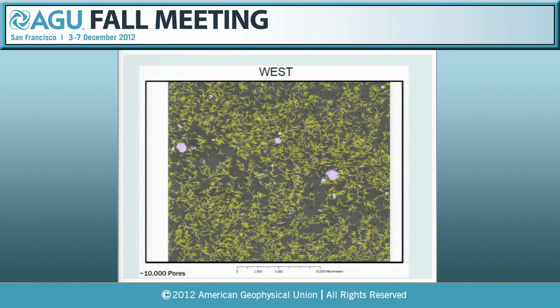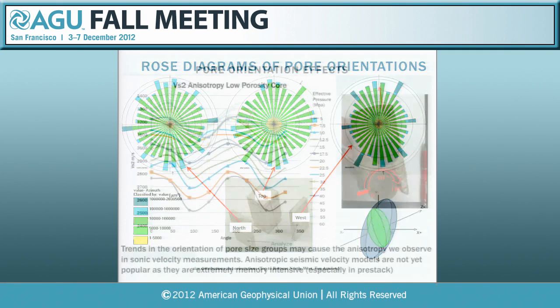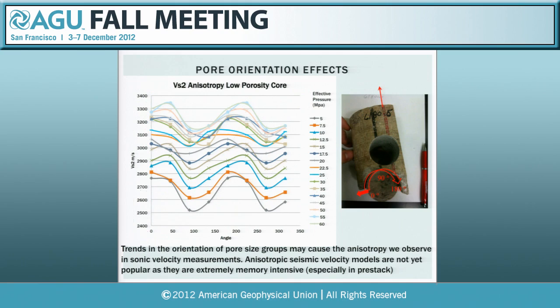So we got three large perpendicular planes with a lot of pores in them, and can start to understand if there's pore orientation, and if this can affect the seismic properties, which are the S-wave anisotropy that we've seen in the lab in turning the core by incremental 45-degree increments.